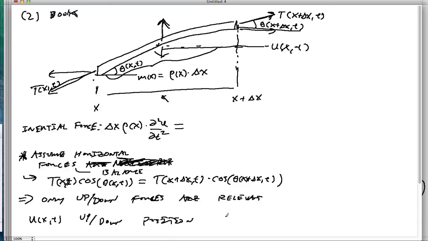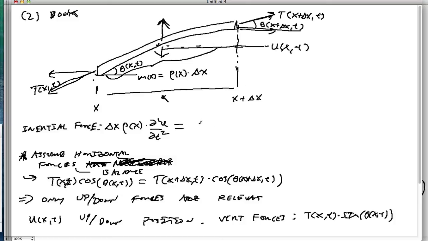All right, so the up-down forces are going to be, of course, the vertical component. The vertical component is going to be T(x,t) times the sine of theta(x,t) of our system. So we can write those down. This one is pointing up here, and that's the sine.